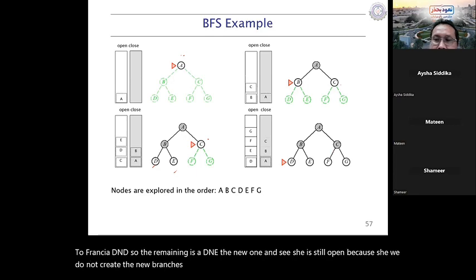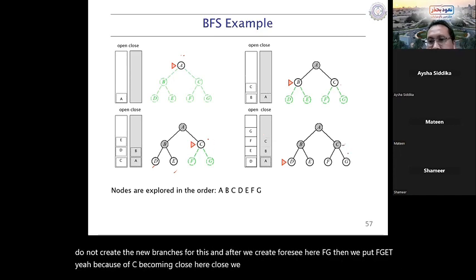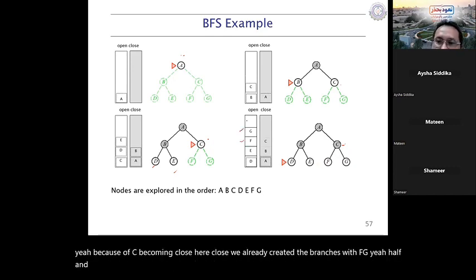After we create F and G for C, C becomes closed. So the open nodes are only D, E, F, G.